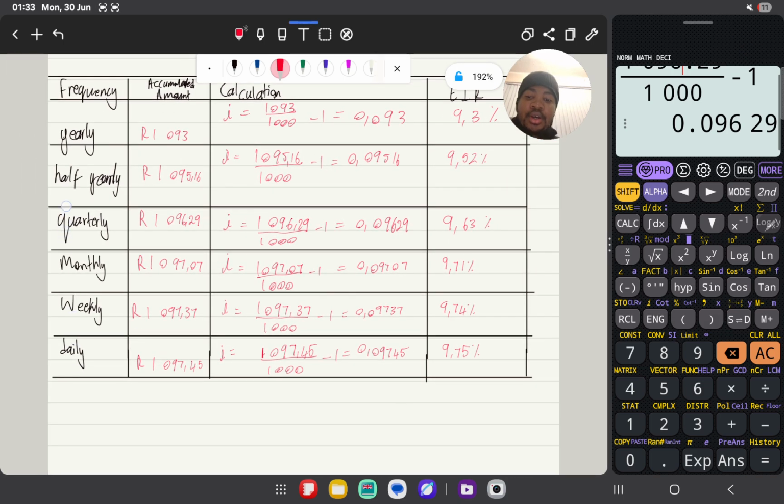Right, so these are now our effective interest rates. Let's take this one and this one, maybe those two. We're going to use these as our interest rates to find out if we're going to get the same value if we do the math.